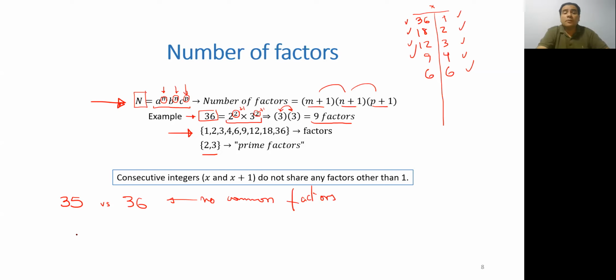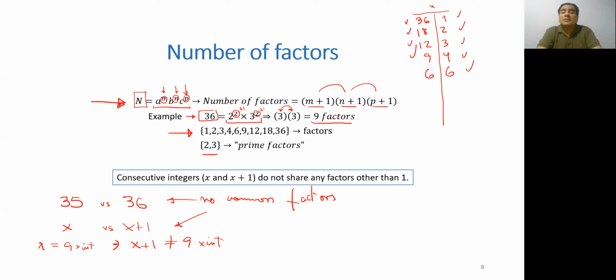The same goes for x and x plus 1, no common factors. And if they tell you, for example, that x is a multiple of 9 times another integer, then it follows that x plus 1 cannot be a multiple of 9, okay? Because they cannot share any factors.